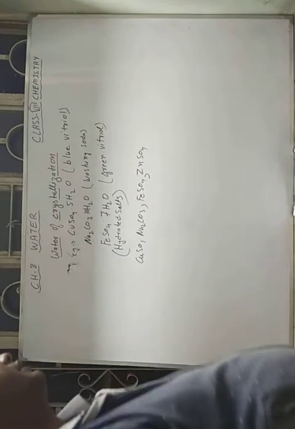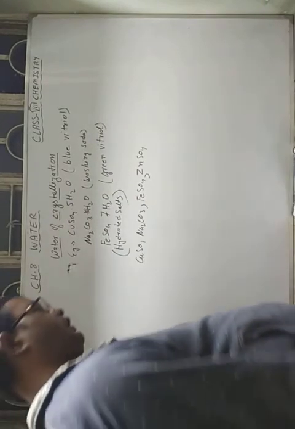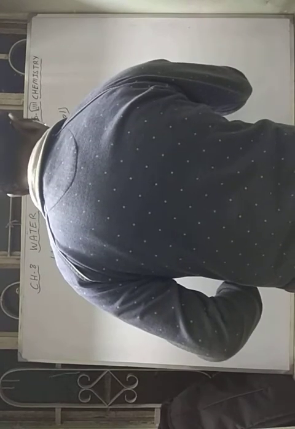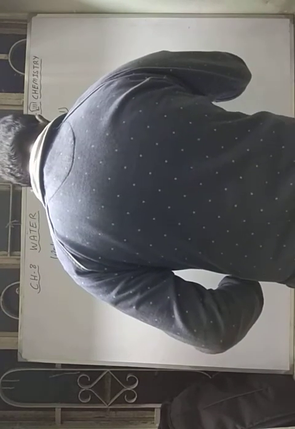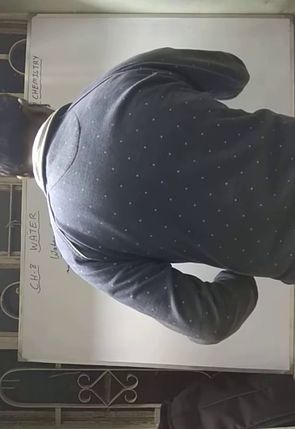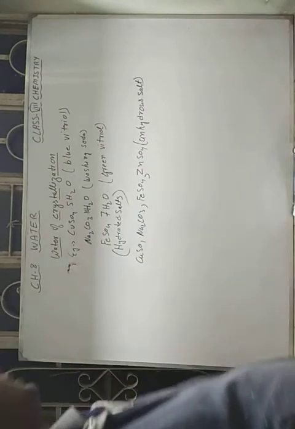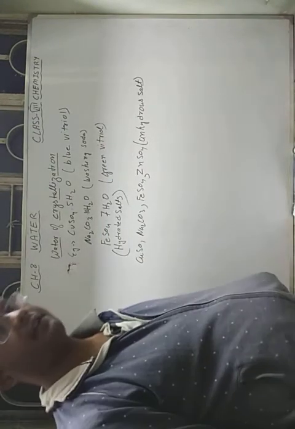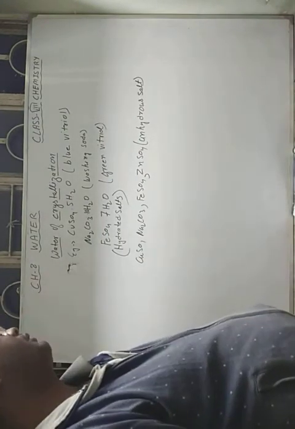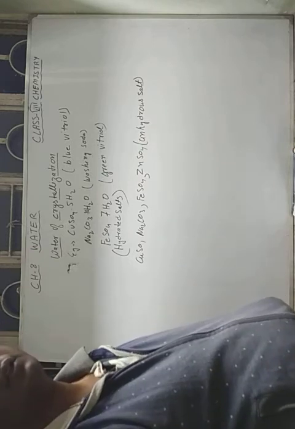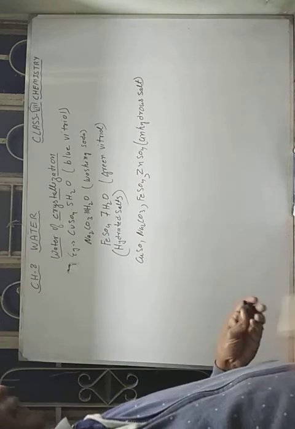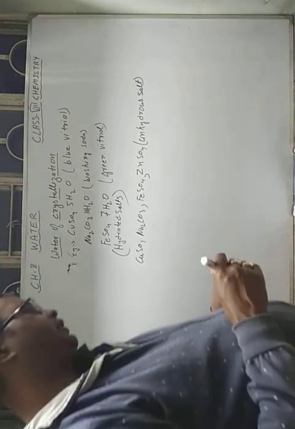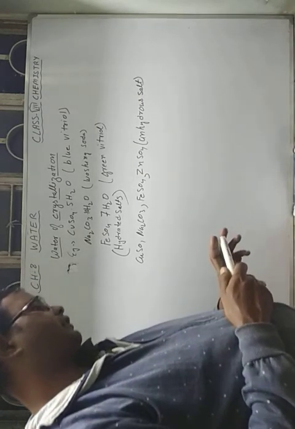When the water molecules are not present in them, at that time they are called anhydrous salts. If they contain water molecules, they are called hydrated salts, and if they do not contain any water of crystallization, they are called anhydrous salts. Similarly, there are so many examples.